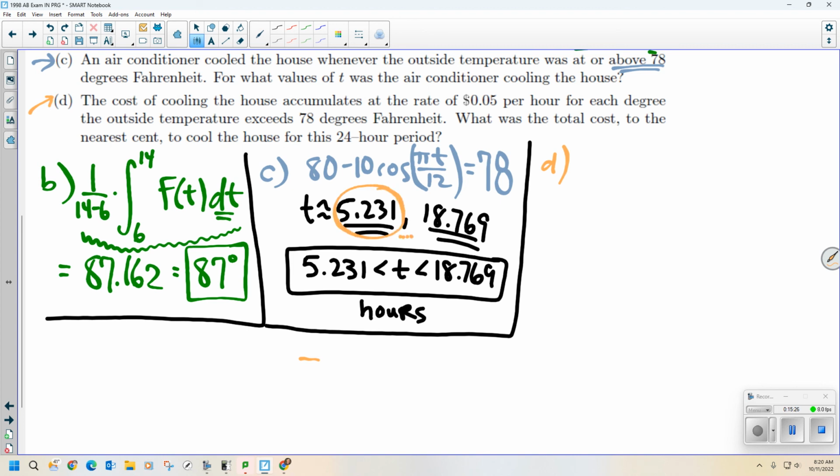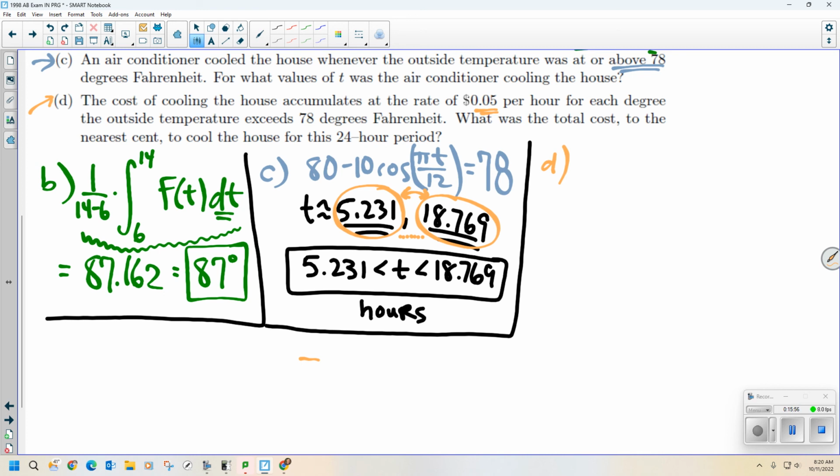It will be on the whole time, and it will turn off here. Okay, it's 5 cents per hour for each degree above 78. Excuse me, wow, I need some coffee. These are the times that it's above 78. Those are the times and everything in between. So I need to add up all of that and multiply that by 5 cents.